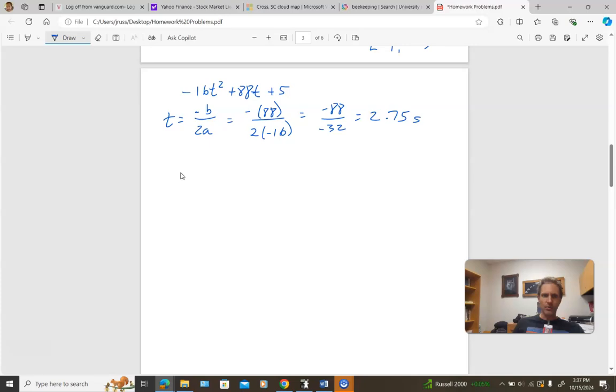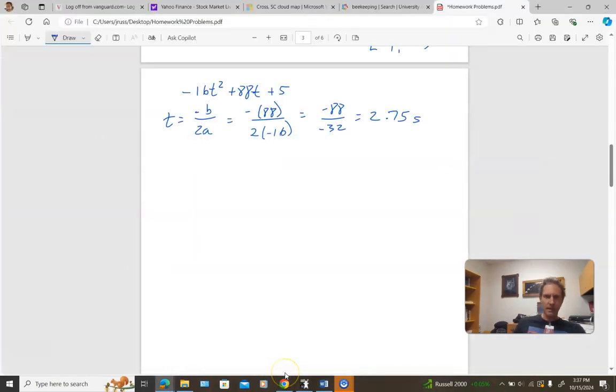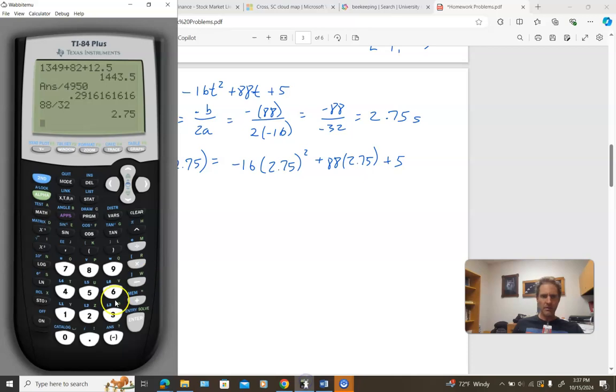And then to find the actual height, we need to plug 2.75 into the function. And the function is h of t, h probably for height. So h of 2.75 plus 5. So guys, you just type all this into your calculator.